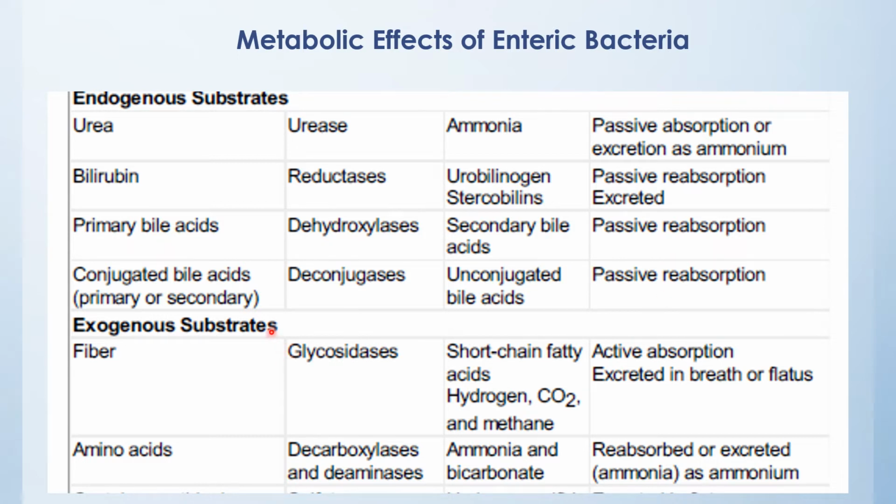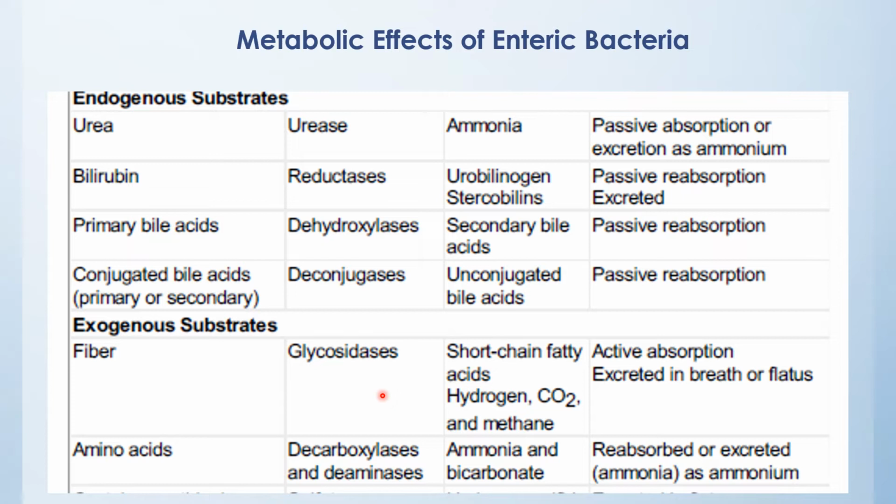For conjugated bile acids, primary or secondary, it is degraded by deconjugases of the microflora, converting to unconjugated bile acid, and it goes to passive reabsorption.